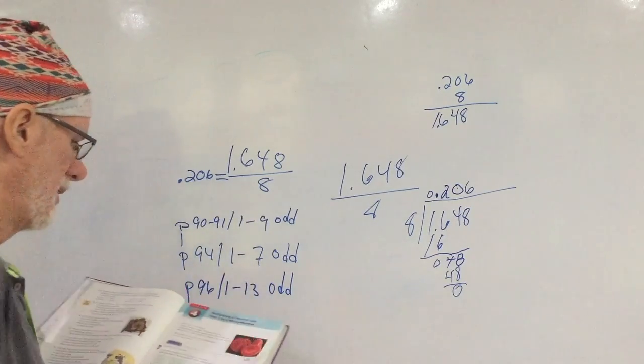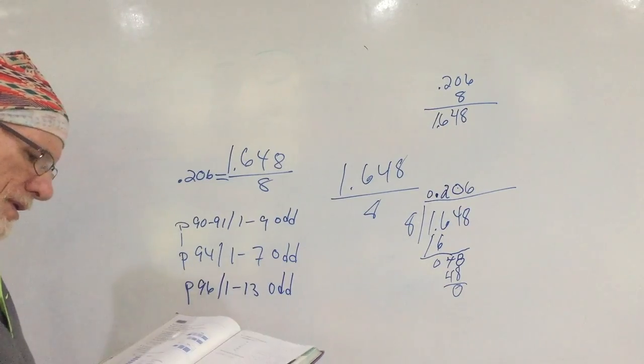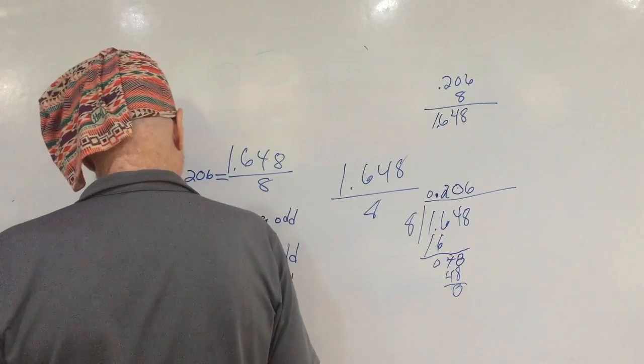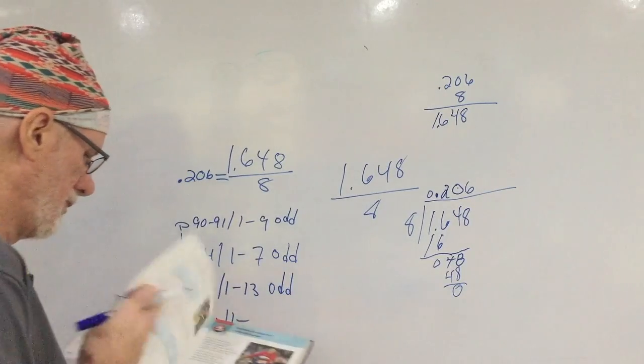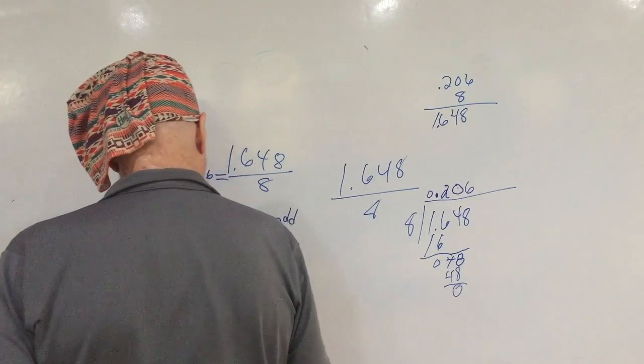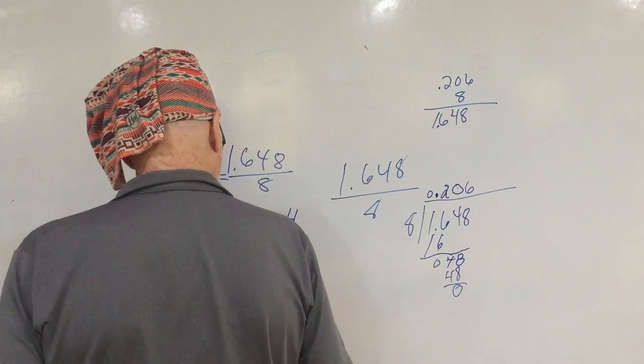And then page 101, 2 to 8. Let's go evens this time. 2 to 8, evens.